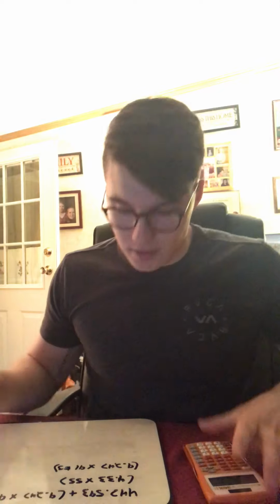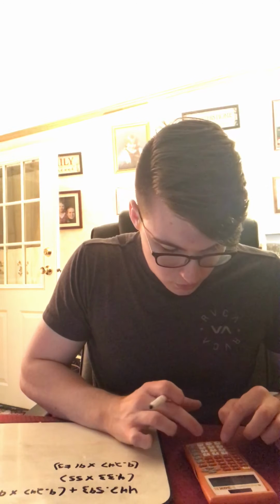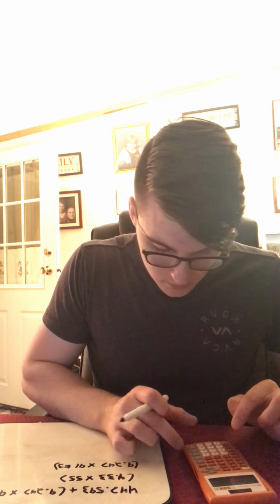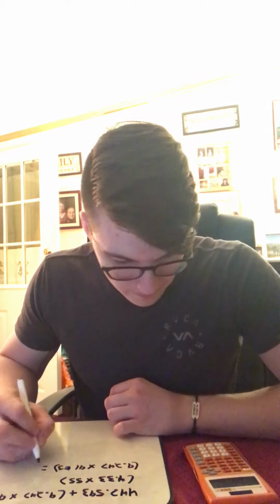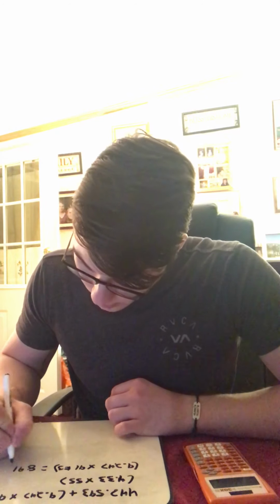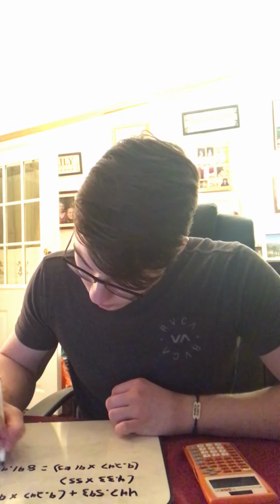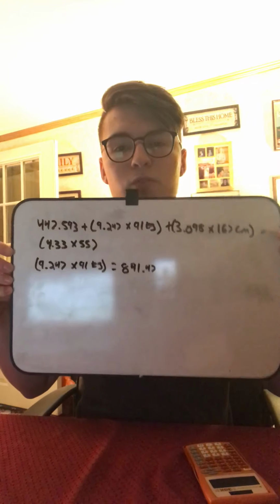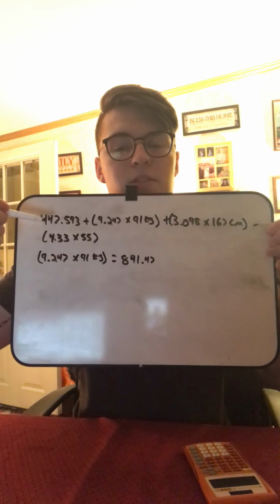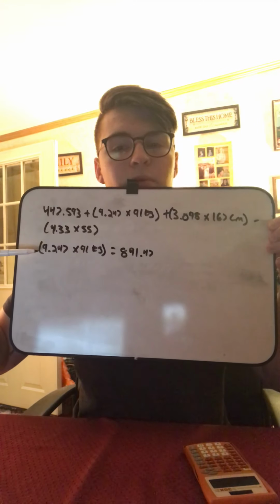If we did 9.247 times 91, that equals 841.47. So this is what we have written so far. This is the entire equation, and then this is the second step that we've taken.